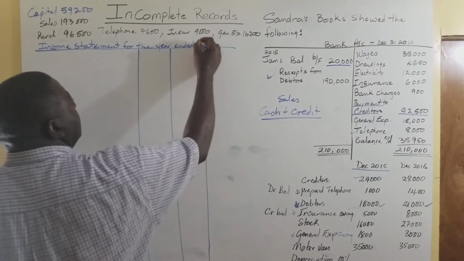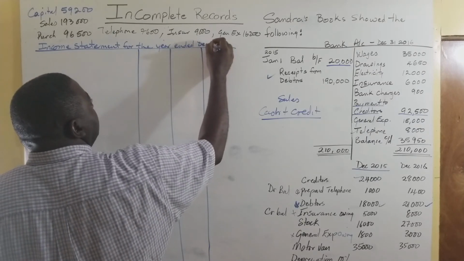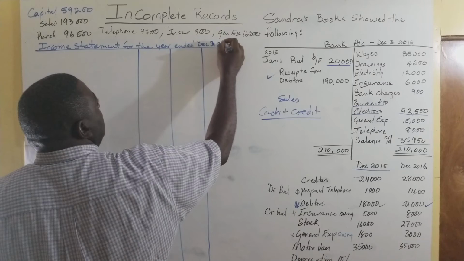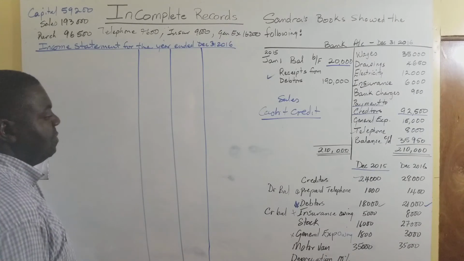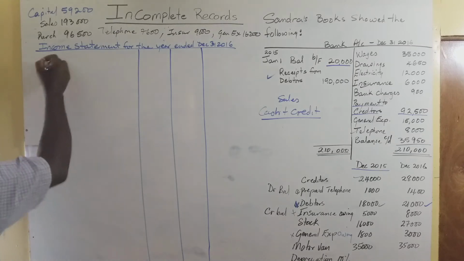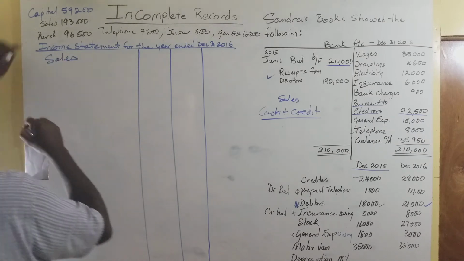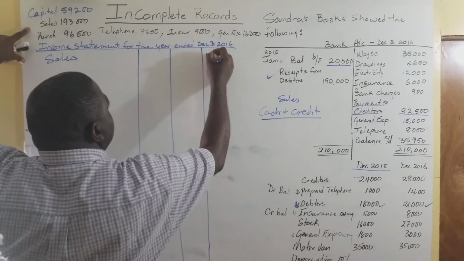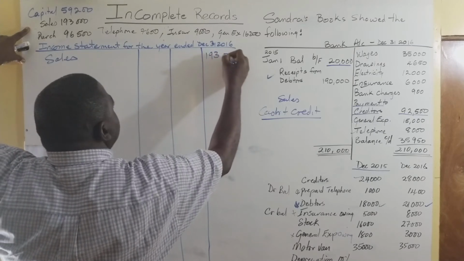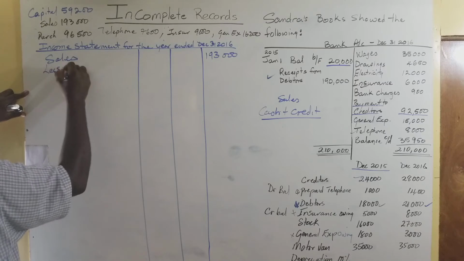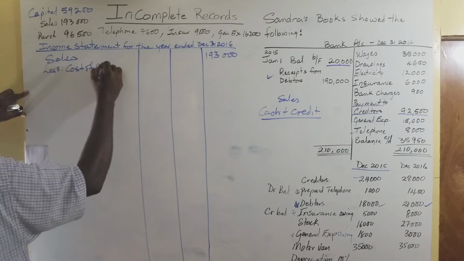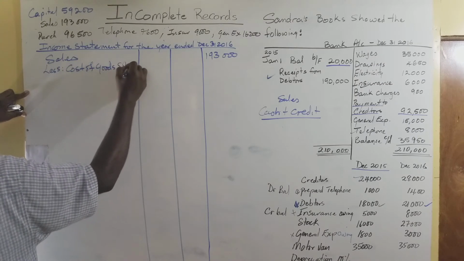December 31st, 2016. All right, we can dive right into it quickly with sales. And we know the sales figure is 19,300. All right, we're going to less our cost of goods sold.